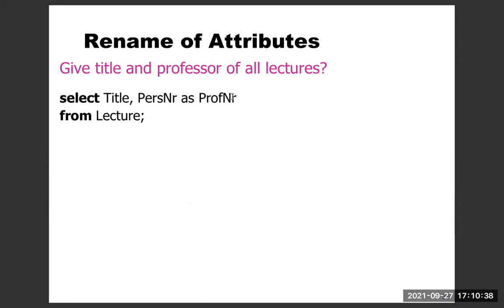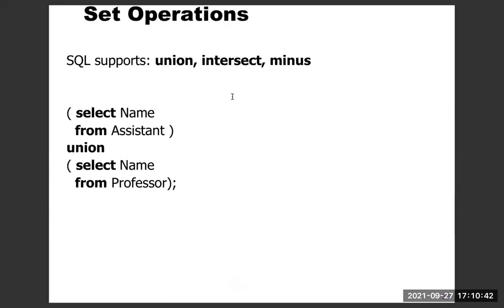So the result will contain this field. Set operations are simple. They just have two or more selects, and then put union or intersect or minus between them.